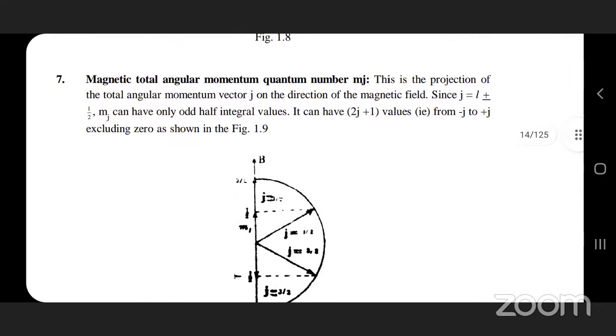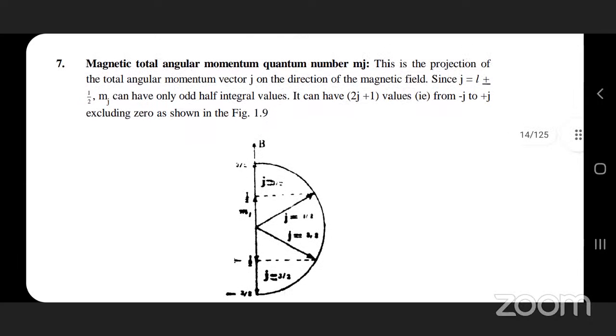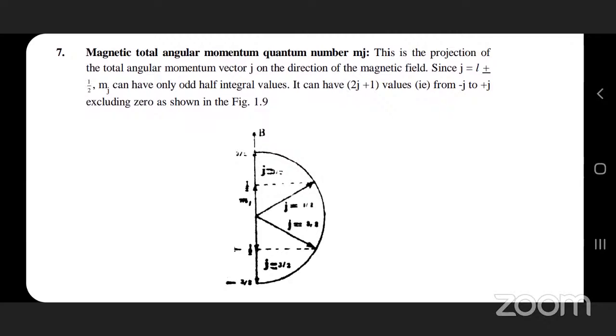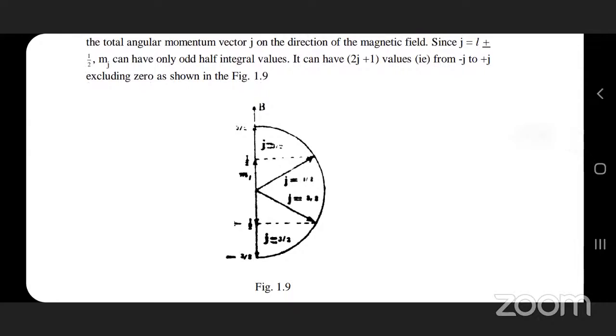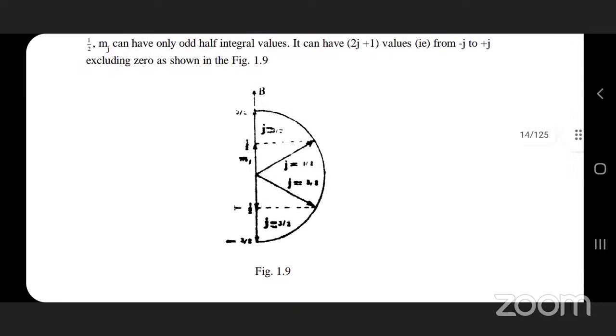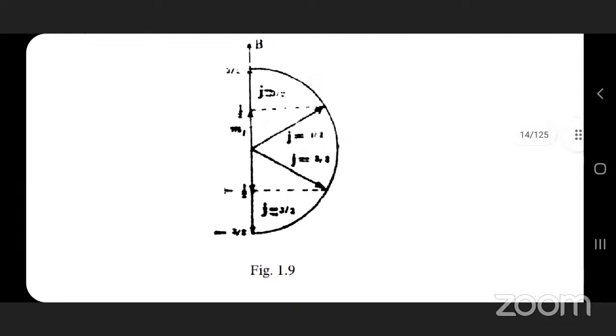Next, the magnetic total angular momentum quantum number, the MJ value. It is the projection of the total angular momentum vector J on the direction of the magnetic field, where J is L plus or minus S, that is, L plus S or L minus S. MJ can have only odd half integral values, giving 2J plus 1 values, which vary from minus J to plus J. See here, the same figure.